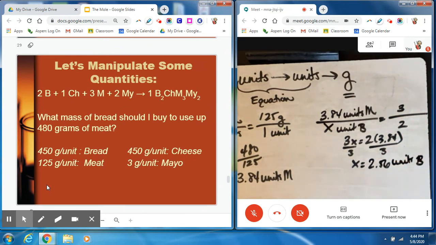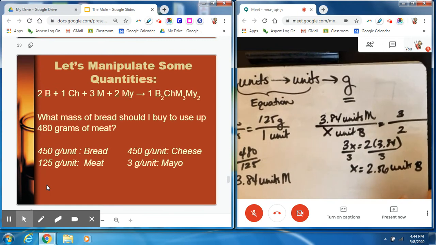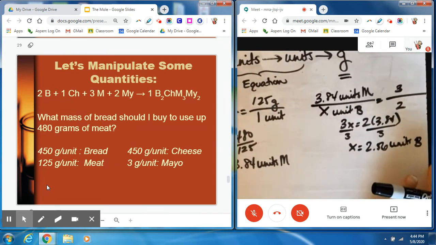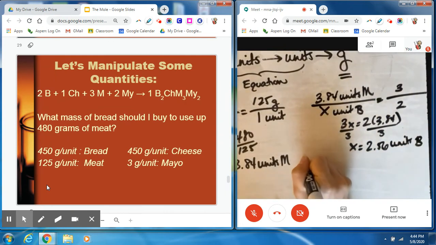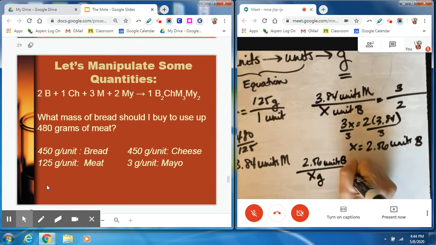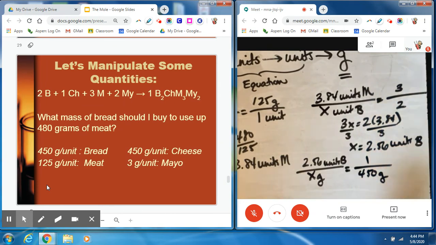Okay? Now, we can figure out how heavy those units of bread are. So let's see just how heavy those units of bread are. Well, 2.56 units of bread, divided by an unknown mass, because we don't know yet. But what we do know is that every 1 unit of bread weighs 450 grams.